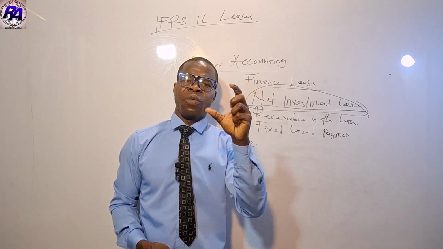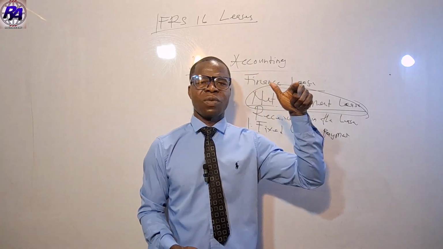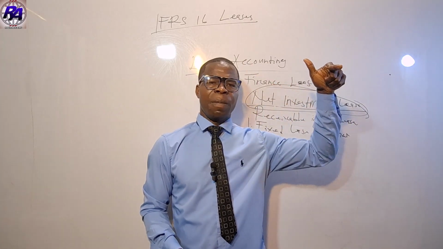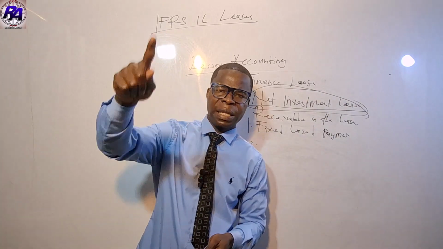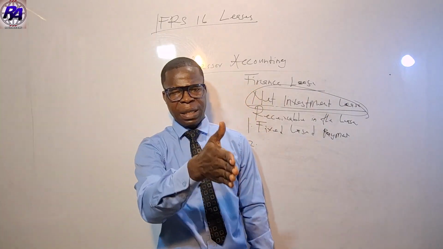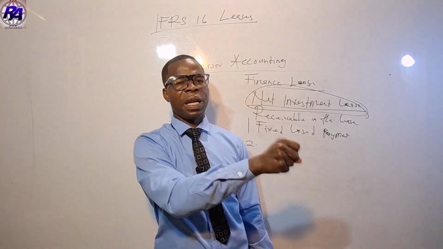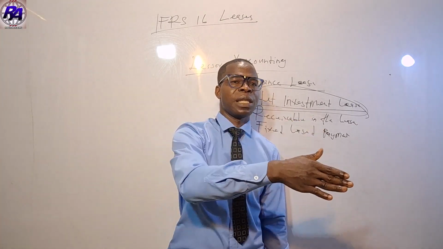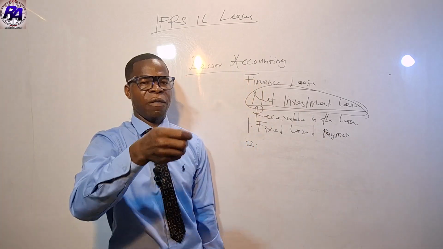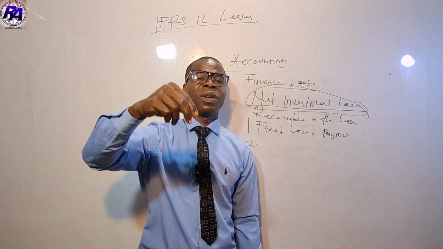We said that residual value guaranteed is when a party unrelated to the lessor, or the lessee, is promising the lessor that at the end of the lease tenure, the value of the asset will be this. That is the residual value guaranteed.